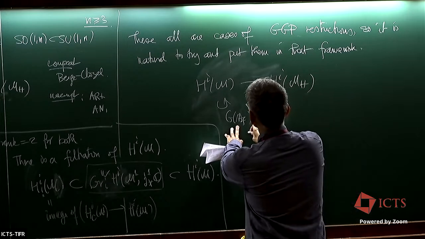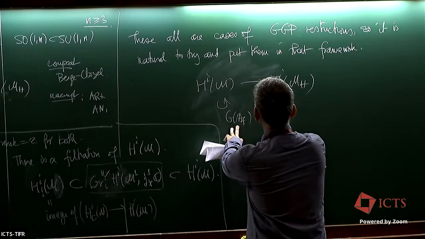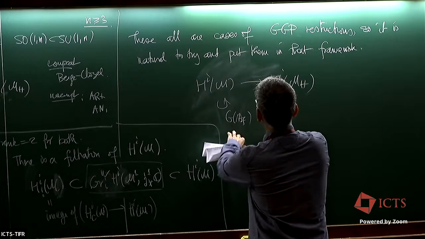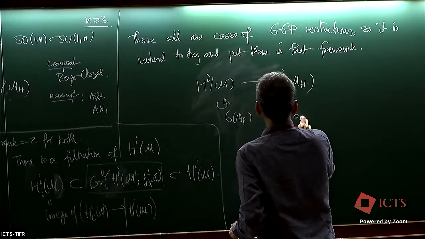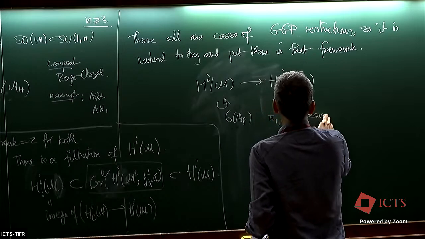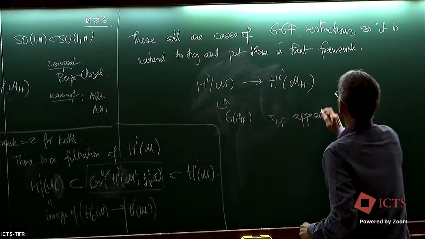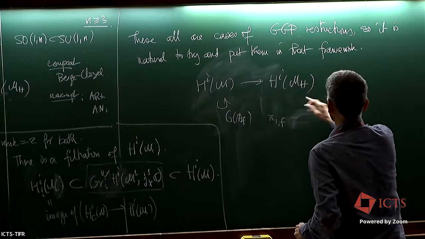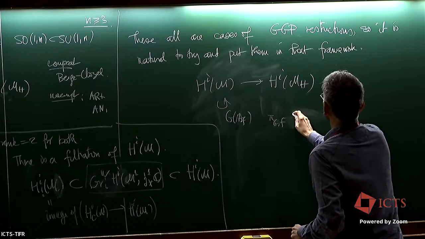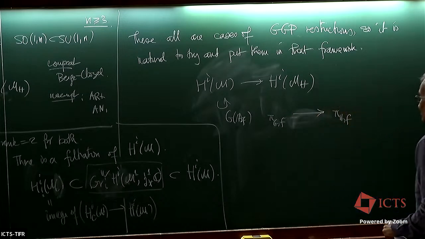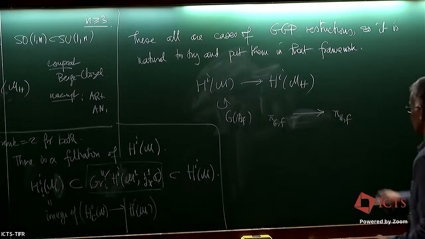And I have a G(A_f) action, and suppose everything is semisimple, etc. And I have pi_1f here that appears here. And suppose one has a pi_G and pi_H, and suppose one knows something like this, that this is a quotient.